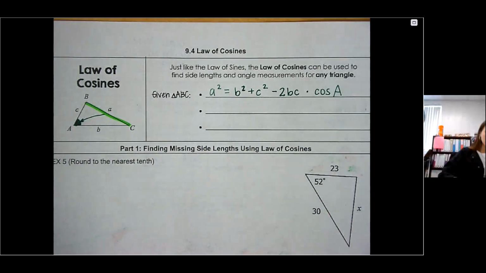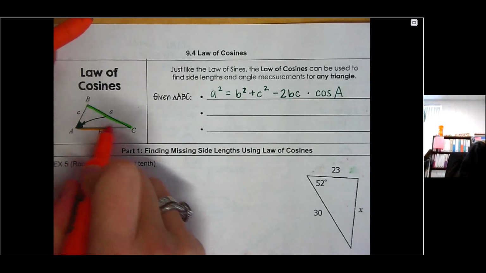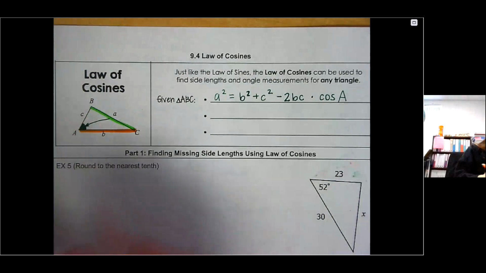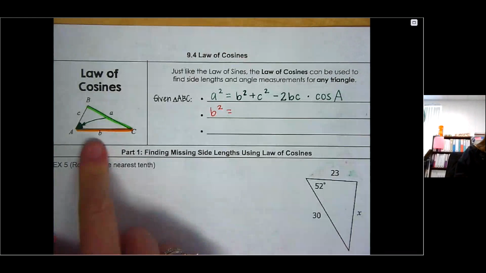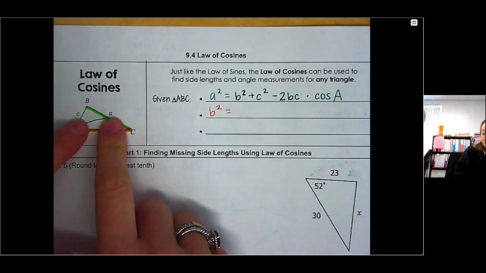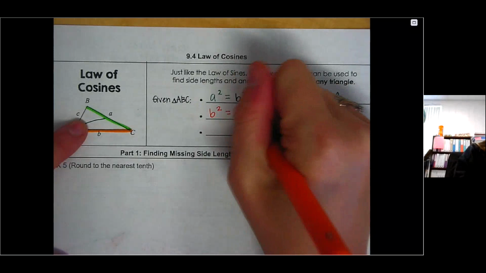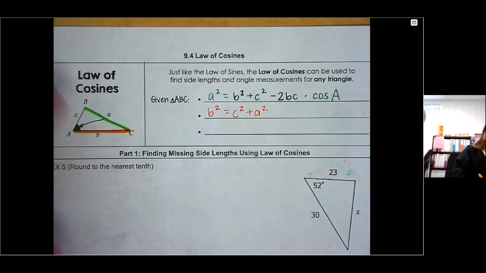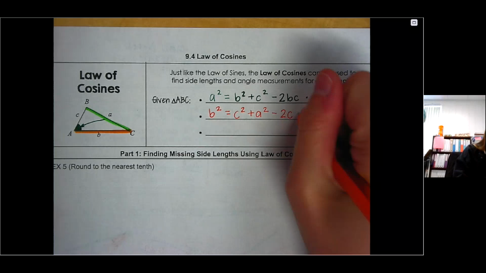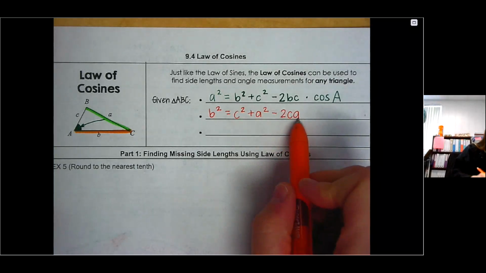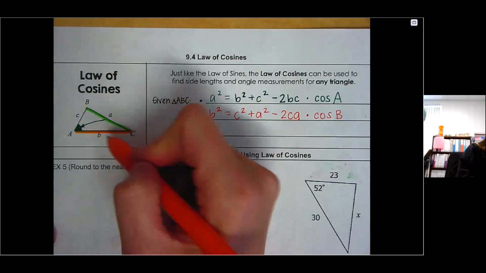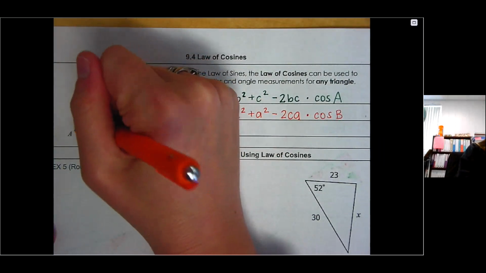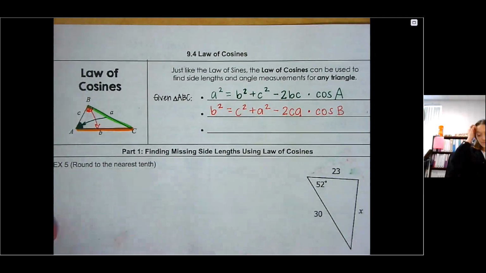The same idea goes for the other two sides. So if I'm this time looking for side length B, the equation looks like this. B squared equals, I take the two sides that I'm not using, C squared and A squared, and I add them together, minus 2CA, so again, the two sides that I didn't use, times cosine of B, because capital B, this one, is across from my side length.